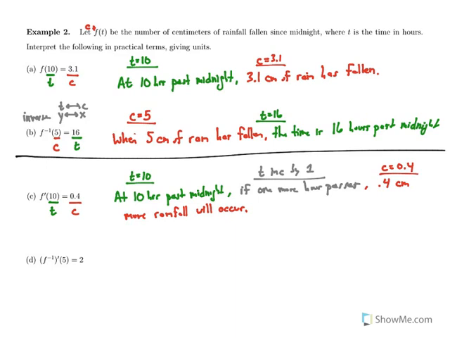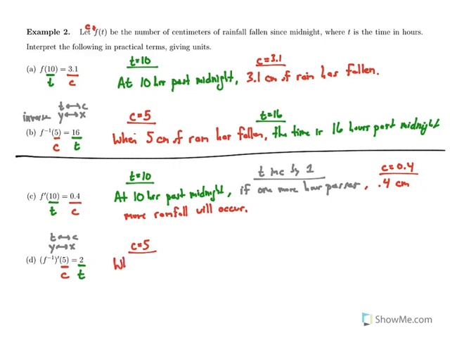Lastly, we have the derivative of the inverse. So note that we are now switching y and x. That's going to be t and c. So we have our input here is c, and our output is t. So it's structured in the same way that we did before. Here, we're going to start with c equals 5.